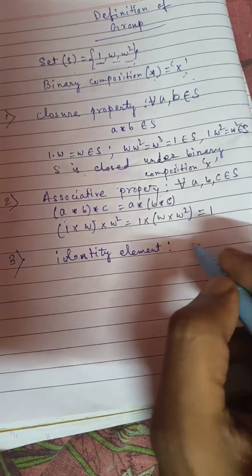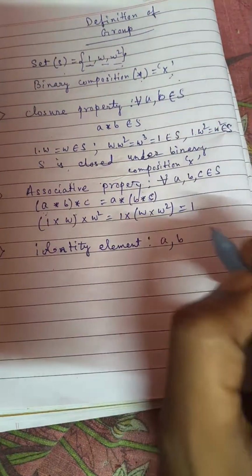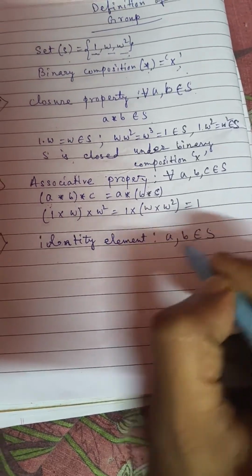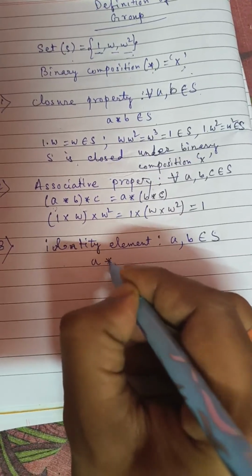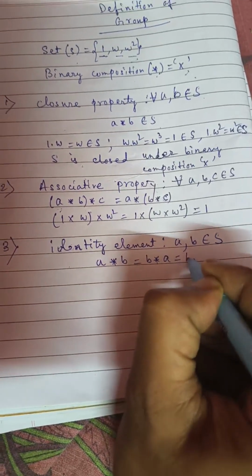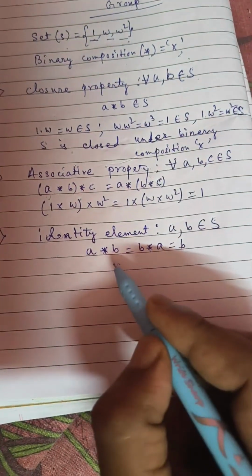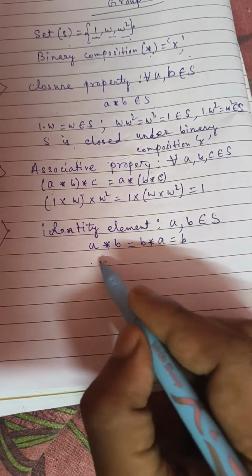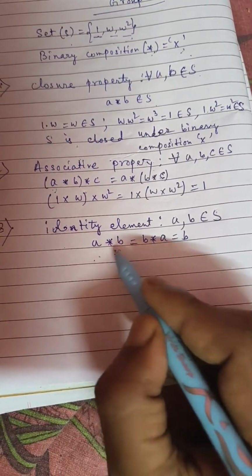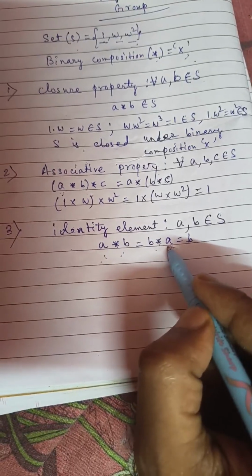If we take two elements A, B belonging to a set S, if A star B equals B star A equals B, then we say that A is the identity element of the set S. So here A star B is the left identity, and B star A is the right identity.